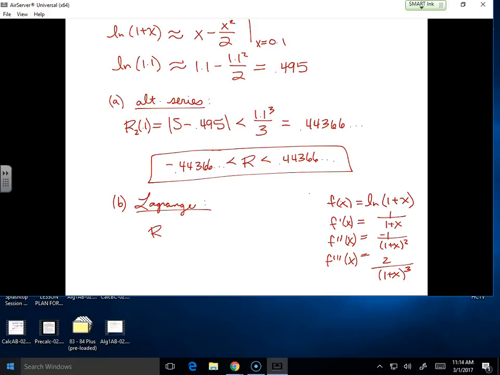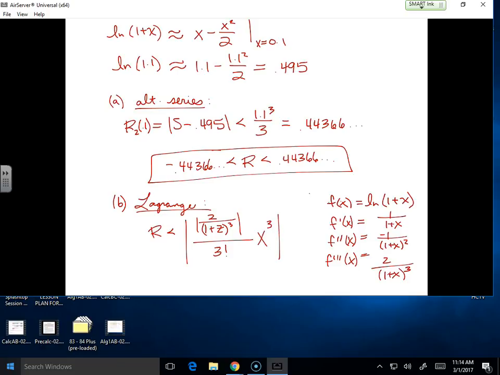Let me just use r. R is going to be less than the absolute value of 2 over 1 plus z cubed, all over 3 factorial times x cubed. Now wait a minute, hold on.